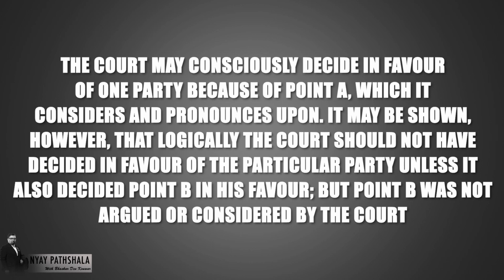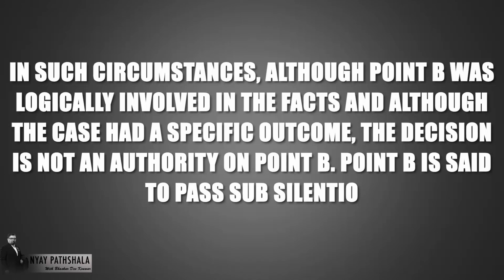But point number B was never argued or considered by the court. In such circumstances, although point number B was logically involved in the facts and although the case had a specific outcome, the decision is not an authority on point B. Point B is said to be pars sub silentio.